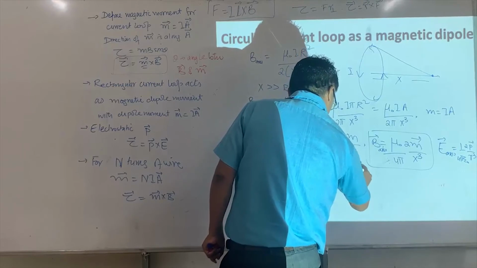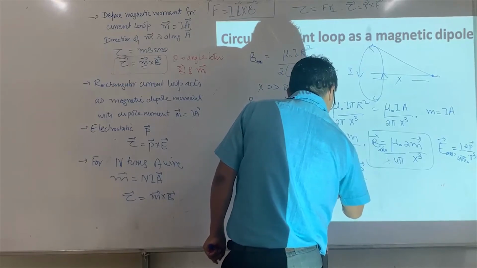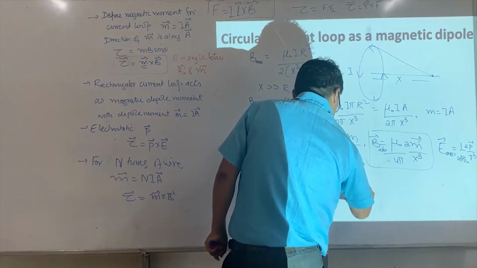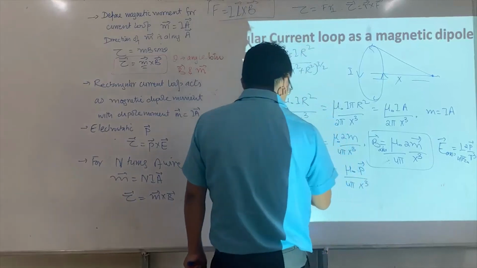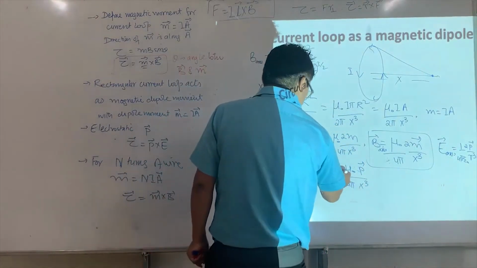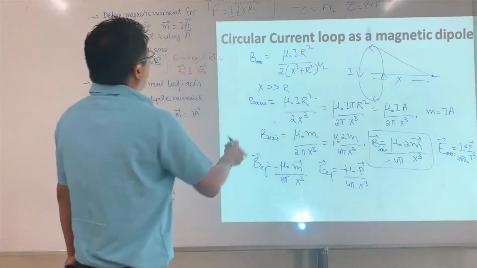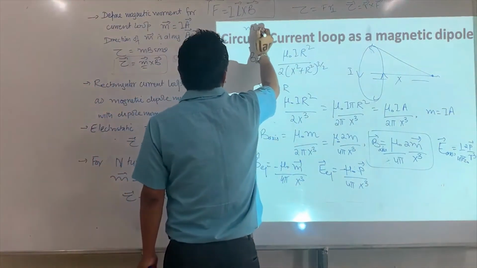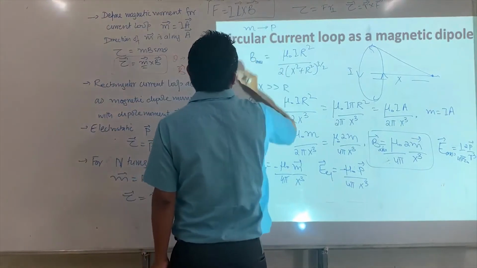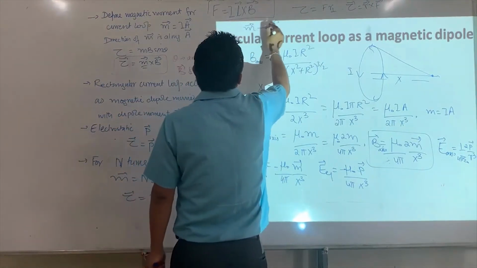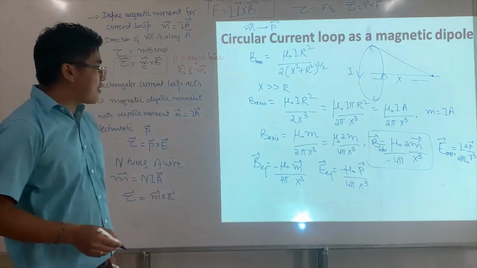For electrostatics, instead of M we have P. M corresponds to P. M is for magnetism and P is for electrostatics.